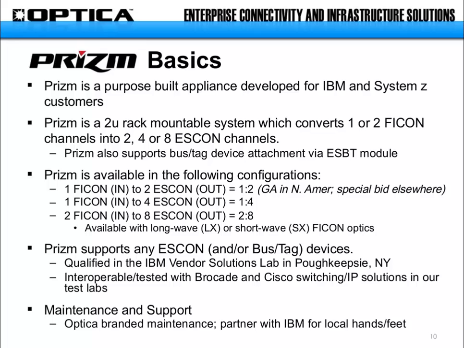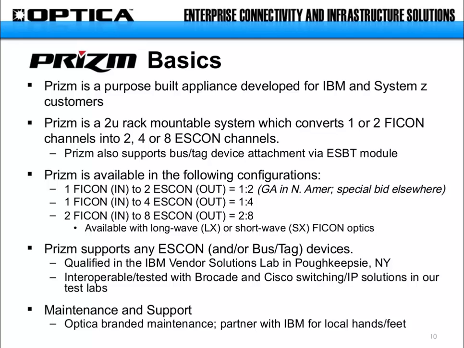Let me talk about the 1x2 Prism configuration. That represents 1 FICON in, 2 ESCON out. That's a brand new solution that Optica has just announced, and it will be GA, generally available, in conjunction with the new BC mainframe. This has been announced in North America. The 1x2 is available through the business partners in North America. Outside of North America, it's available on a special bid or special request basis.